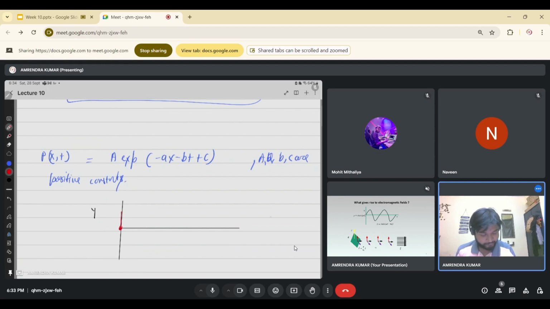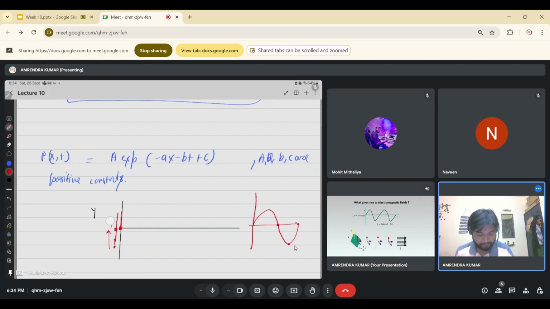So it goes here. That means if you see its position, the origin is zero. It goes to the maximum. Then it comes back to zero. Then it goes to maximum in the negative direction. Then it comes back to zero, and then goes back.